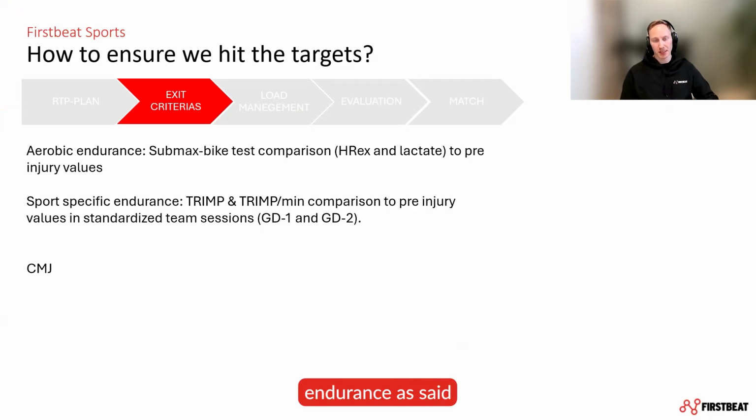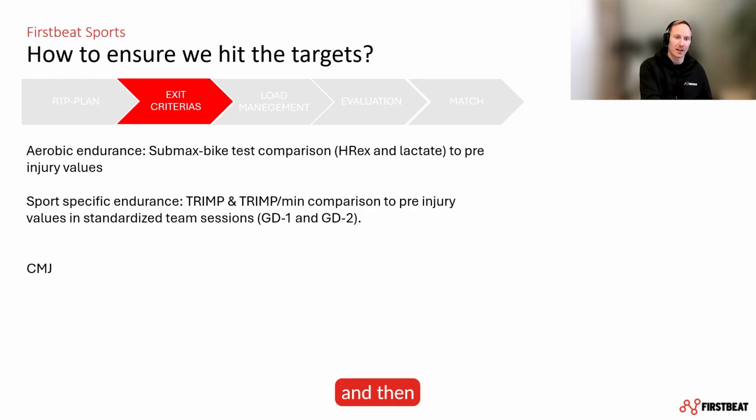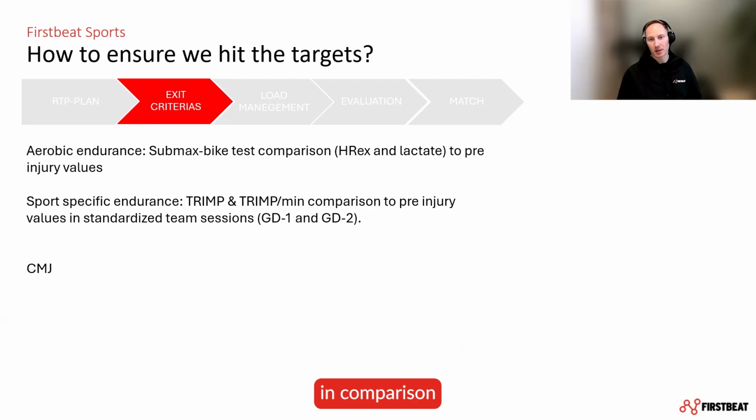For aerobic endurance, as said, they did the sub-maximal bike test, and there they compared the heart rate, exercise and lactate to pre-injury values, and then they also evaluated the sport-specific endurance, and there they had a look at TRIMP and TRIMP per minute in comparison to pre-injury values in standardized team sessions, so game day -1, game day -2, where they are usually doing pretty much the same things from week to week.